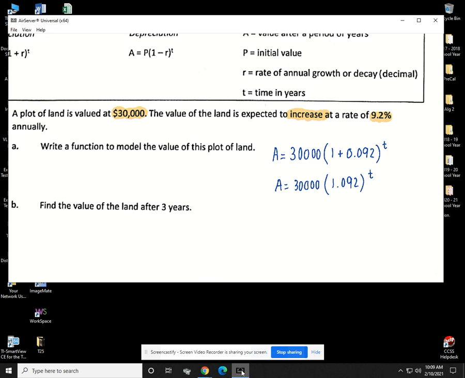Now, we could apply it no matter what question it asks me next. But what question does it ask me next? The value of the land after 3 years. After 3 years. So what are we going to do with 3? Put it where t is. We're going to plug it in for t. So go to your calculator and type in 30,000 times 1.092 raised to the third power.